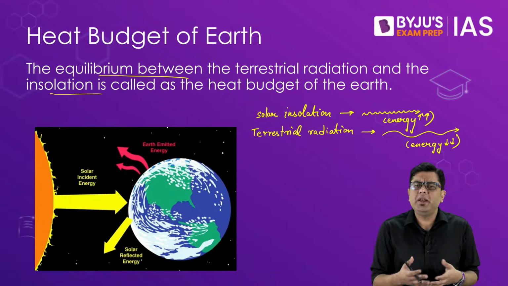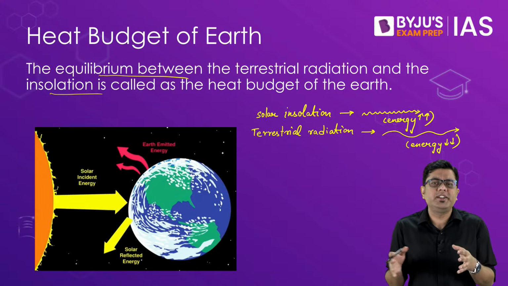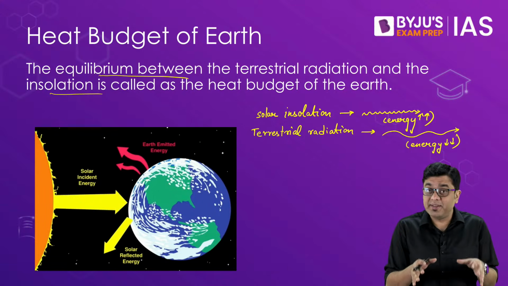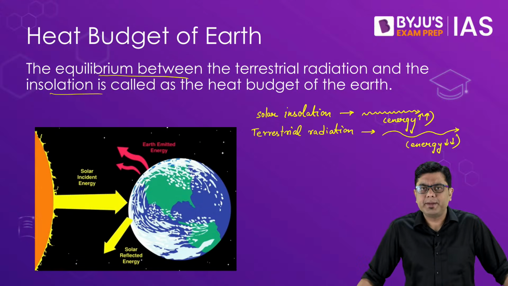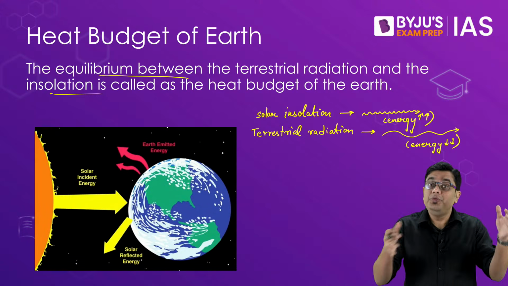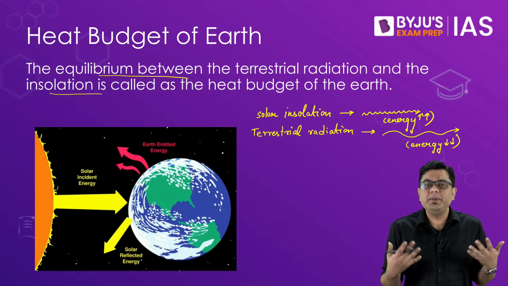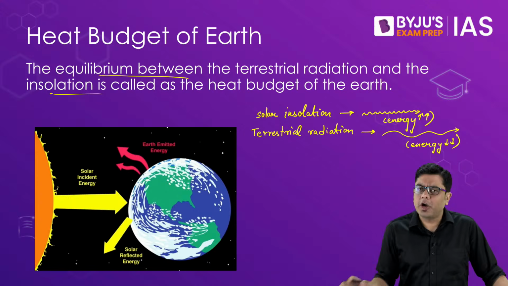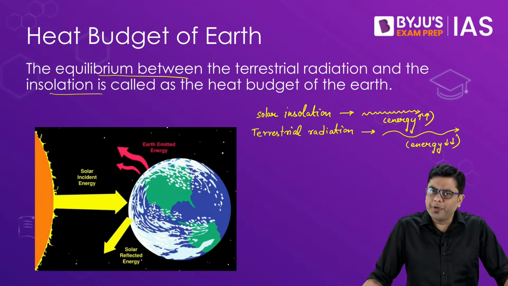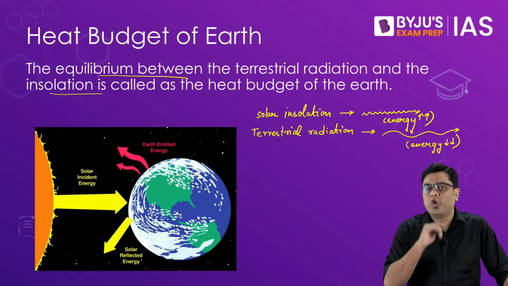There has not been much deviation or change in temperature when we consider the surface of the planet. That is because there is a maintenance of the energy balance, this energy budget. So when we talk about the heat budget, overall, we consider it in two components.